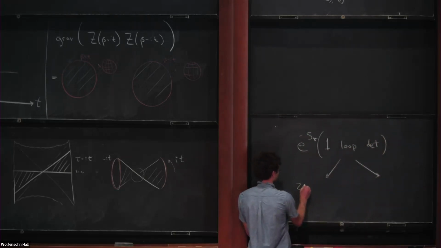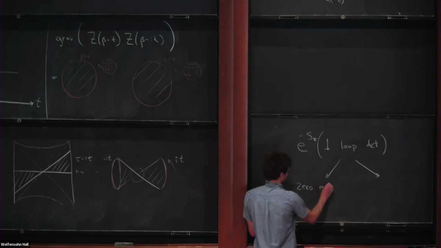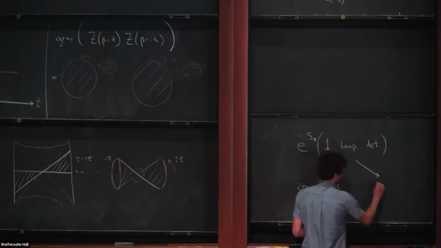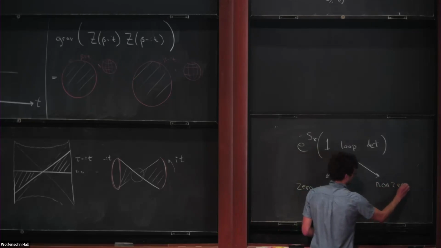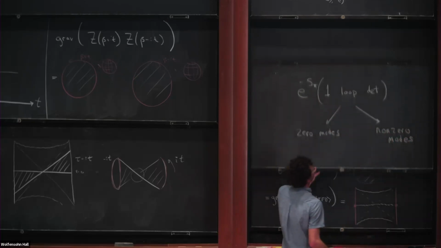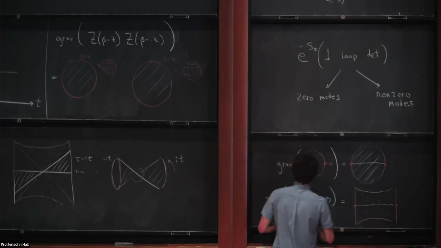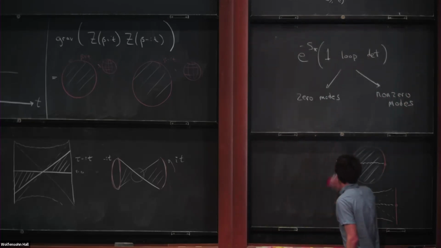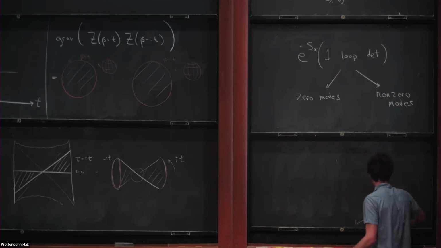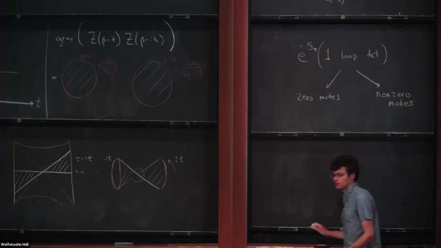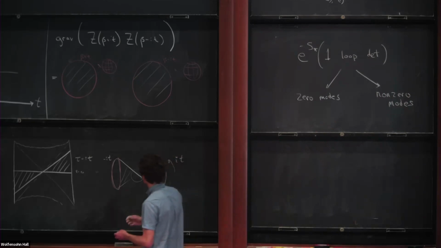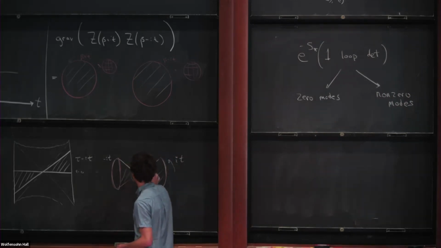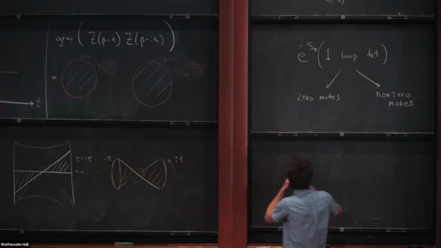There's a contribution from zero modes and a contribution from non-zero modes. So first of all, the on-shell action S star for this geometry is 0. It's 0 because it is proportional to the space-time volume, and the space-time volume of this thing is 0. It has imaginary volume on one side and minus imaginary volume on the other side. So that action is 0.